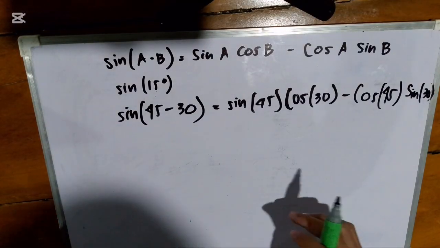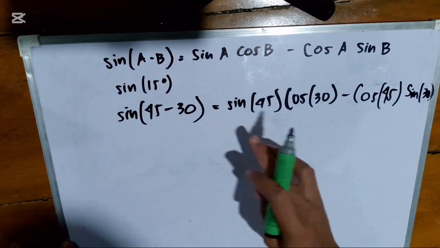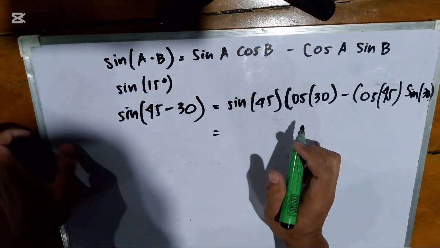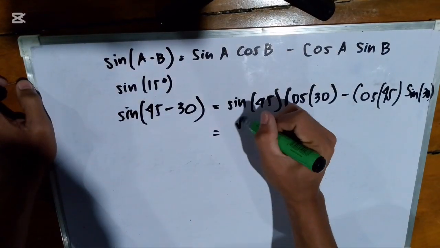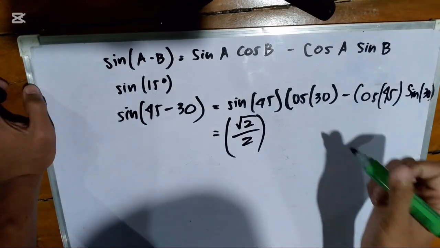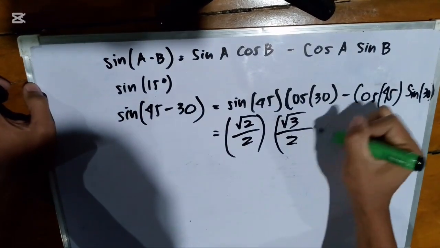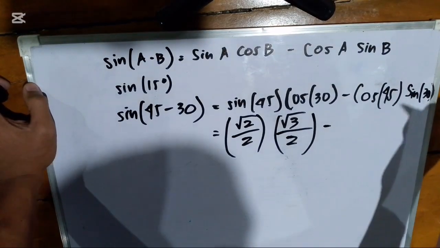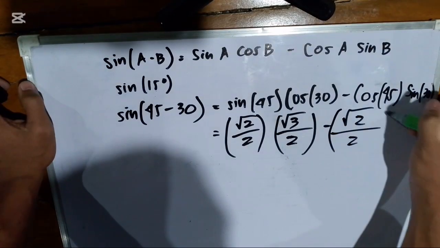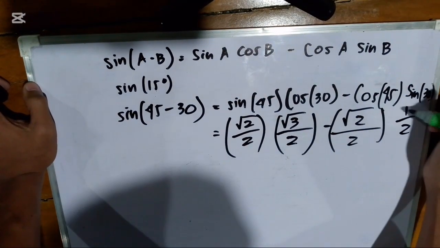And now after that, we will be locating the corresponding value of sine 45 degrees, and that will be root 2 over 2 times the cosine 30 degrees, or root 3 over 2, minus cosine 45 degrees, which is root 2 over 2, multiplied to sine 30 degrees, or 1/2.